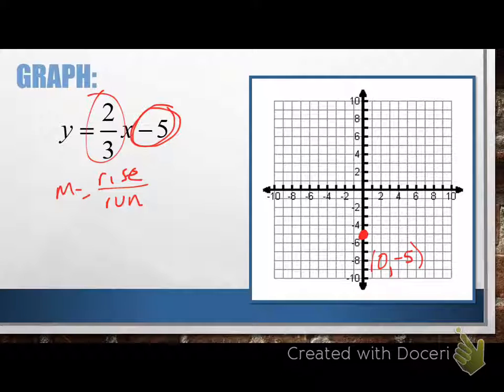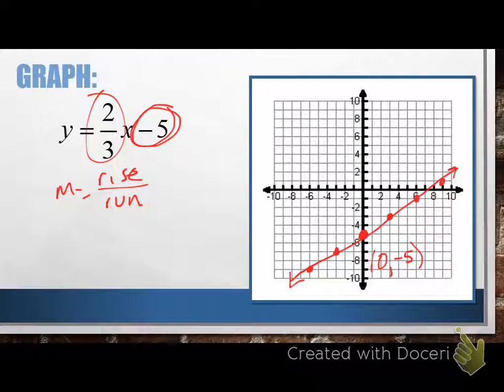So that means we're going to go up 2, right 3. So there's the point. And because this is a line, what makes it a line is that the slope is constant throughout the line. So we can keep going up 2, right 3 if we want to. Or we can always go down 2, left 3, to help us come up with a very nice line.